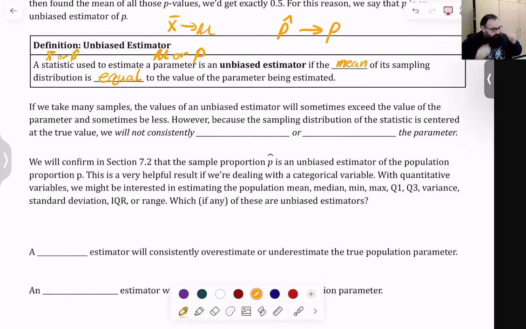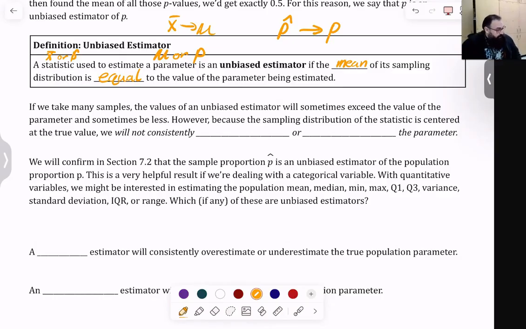If we take many samples, the values of an unbiased estimator will sometimes exceed the value of the parameter, and sometimes they will be less. So if I was talking about the average height in this room and took a random sample, sometimes you think my x-bar will be a little bit higher than the actual mean? Yes. Sometimes lower? Yes.